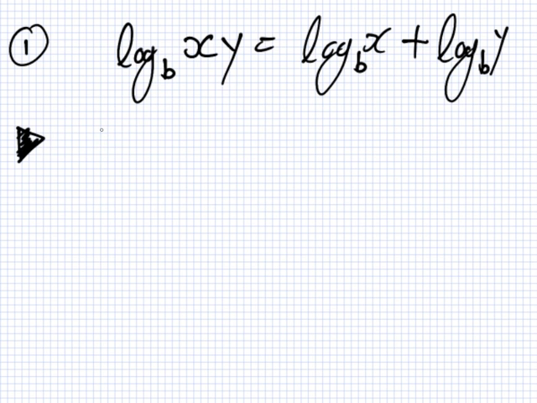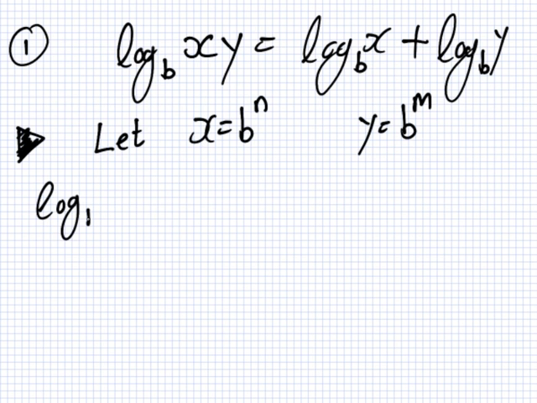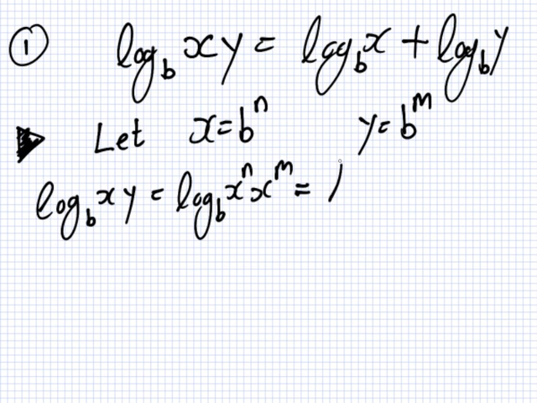So the proof is: let x equal b to some power n and let y equal b to some power m. So then you have log_b xy equals log_b of b^n times b^m, which equals log_b b^(n+m).